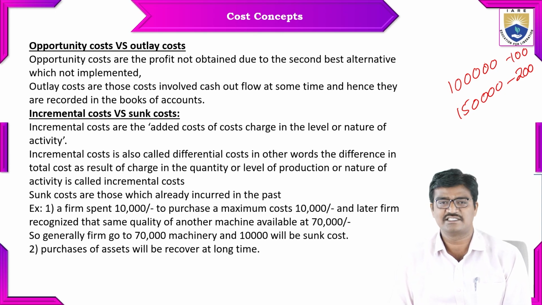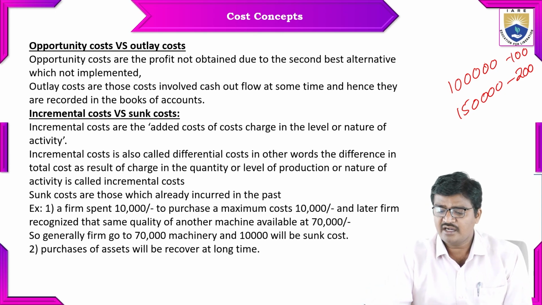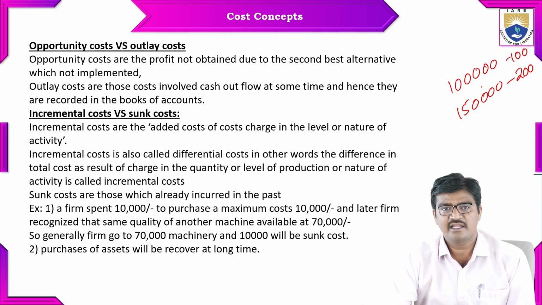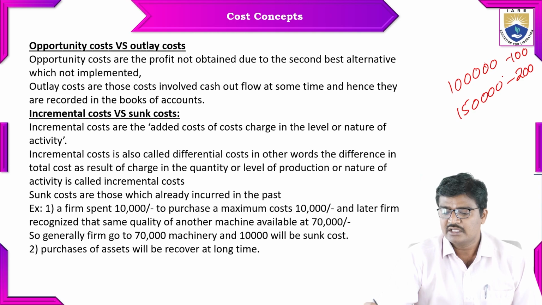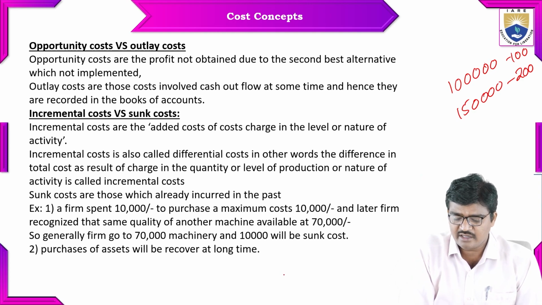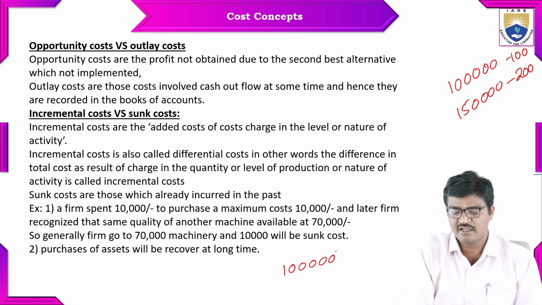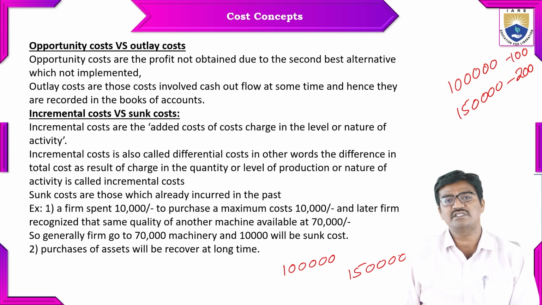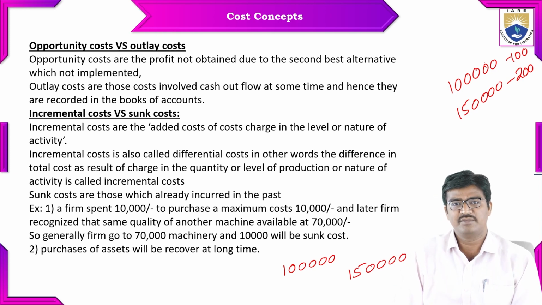And you have taken the decision to replace the existing machinery. So here you have already incurred 1 lakh rupees on this particular machinery, and you are about to incur 1 lakh 50,000 rupees on the next machinery.